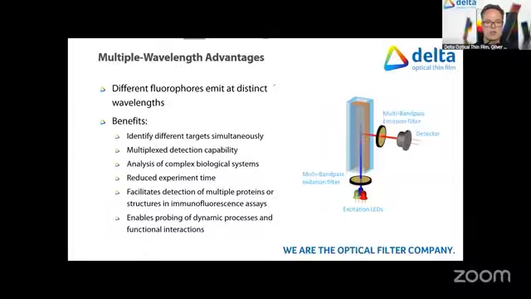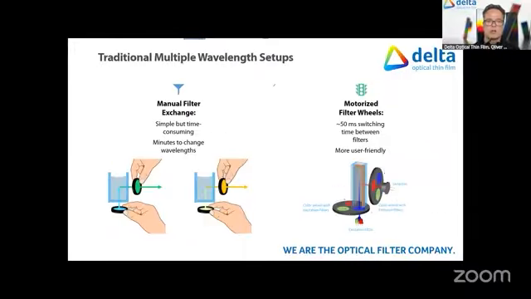And of course, if you can do that simultaneously, it reduces the experiment time. And for immunofluorescence arrays, you can detect multiple proteins or structures in your assay. It also makes it much easier to probe dynamical processes and functional interactions. And for that, you need a light source that can emit different wavelengths and multi-bandpass excitation and multi-bandpass emission filters. But how can that be done?